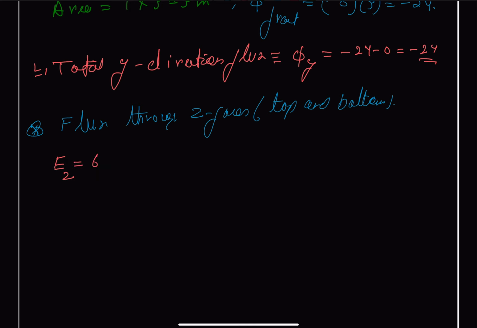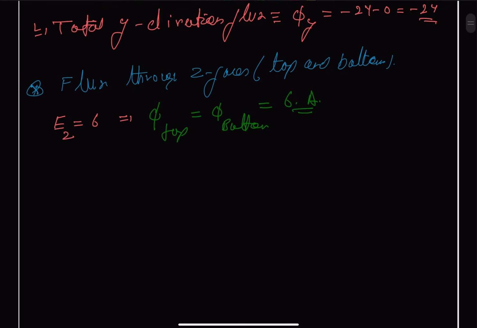So the flux at top as well as bottom will be the same. The flux at top will be equal to the flux at bottom, which will be 6 multiplied by the area. Therefore the net flux phi of z will be equal to 6a minus 6a, which is 0.